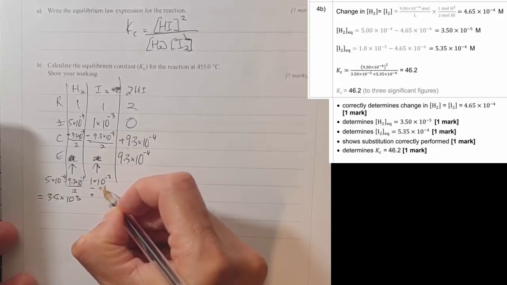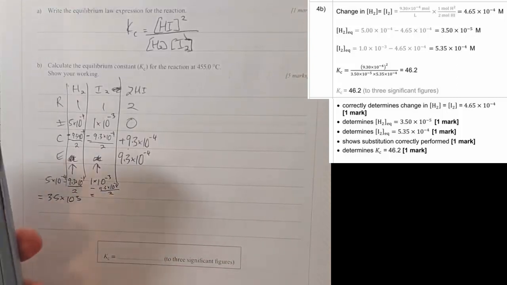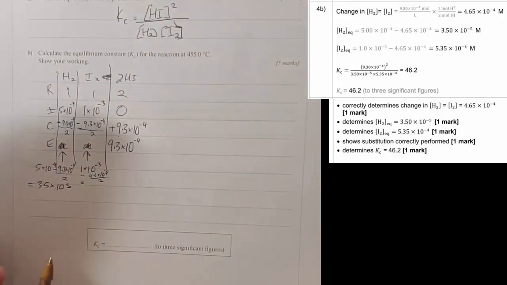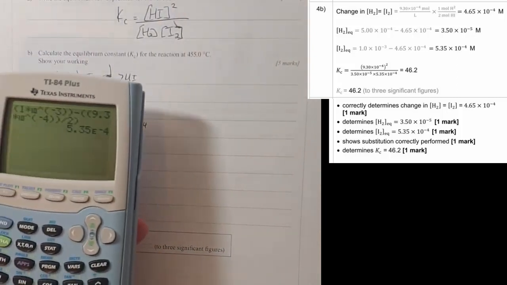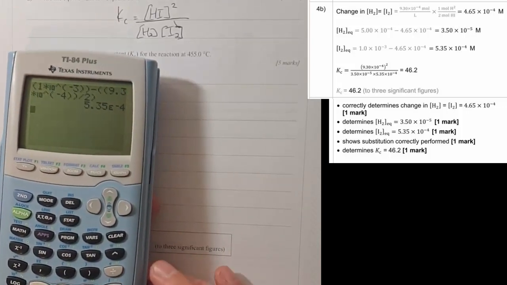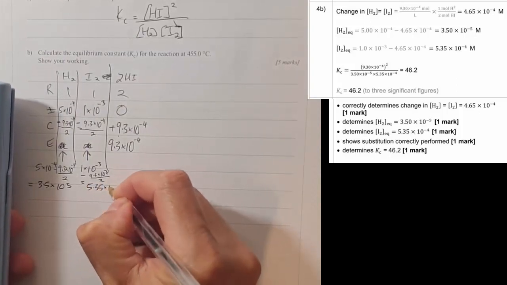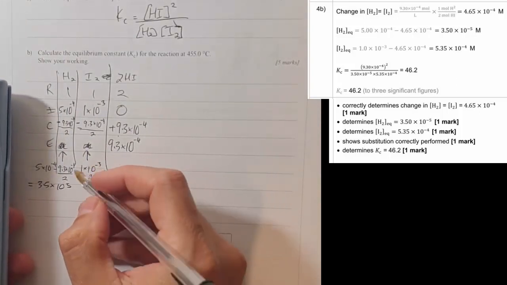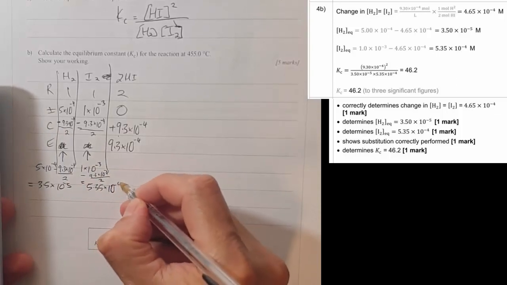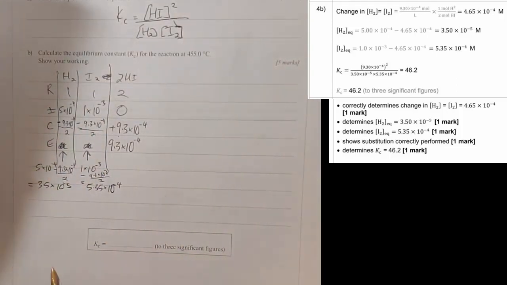Minus 9.3 by 10 to the minus 4 on 2. So just pause again while I type that in. Okay, and so if you type that in, you can see I've got 5.35 by 10 to the minus 4. So I'll just type that in. Sorry, that was a minus, right? Minus 4. Double check these calculations because they're a bit complicated.